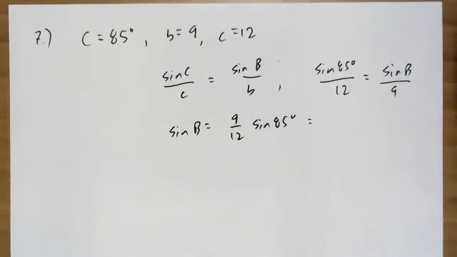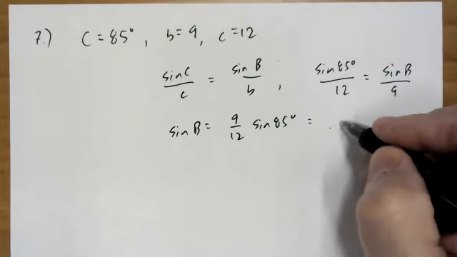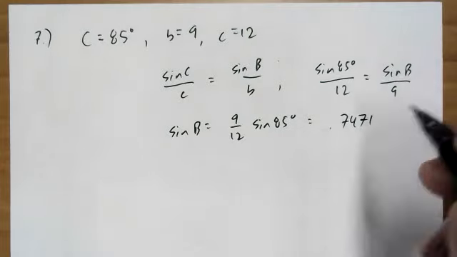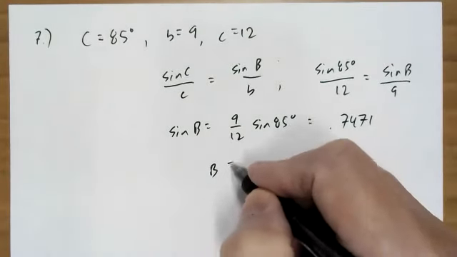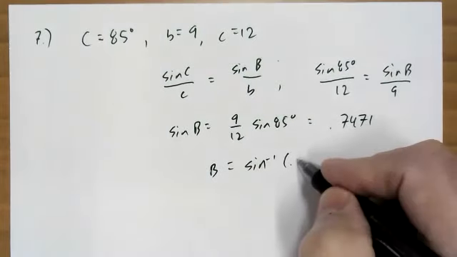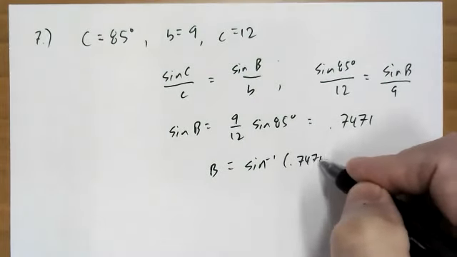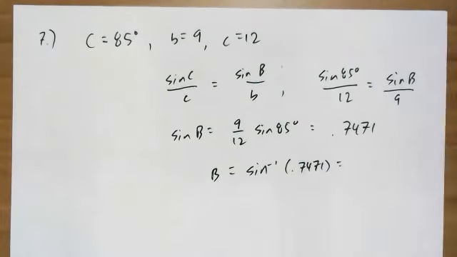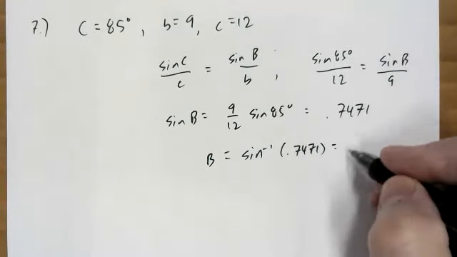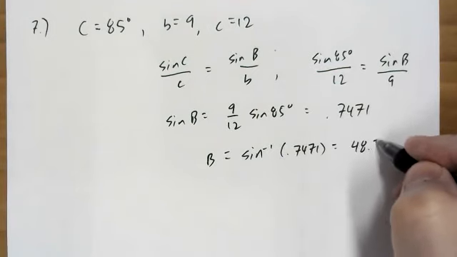And that equals 0.7471. So B would be the inverse sine of 0.7471, which is going to be 48.3 degrees.